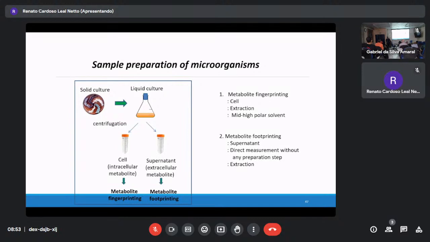Many people, after the culture, add in ethyl acetate, because ethyl acetate is the most non-polar solvent that is not miscible with water. Take out the ethyl acetate fraction, and after drying we can analyze it. That's how we focus.